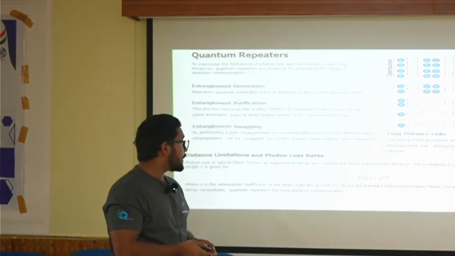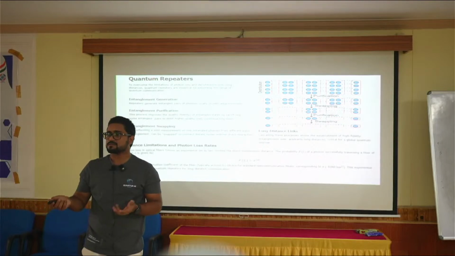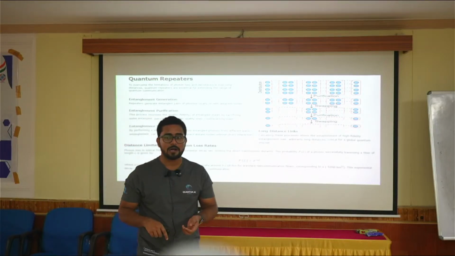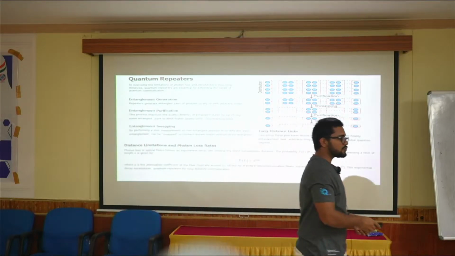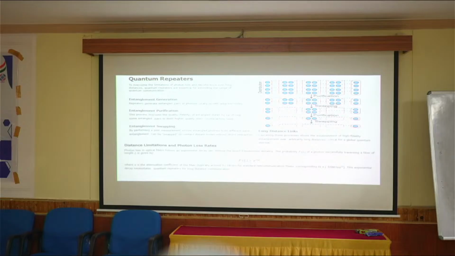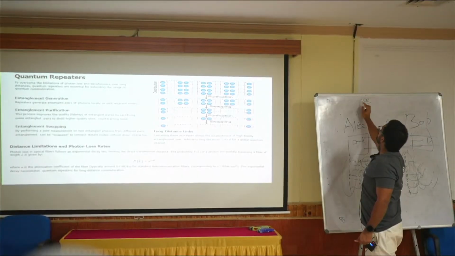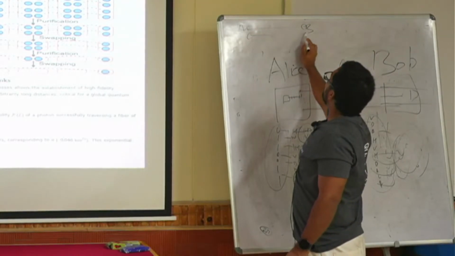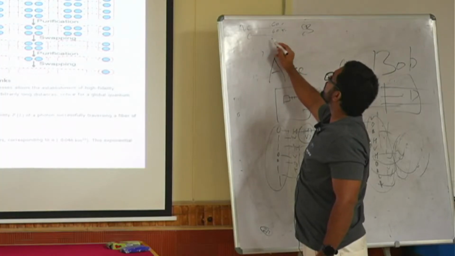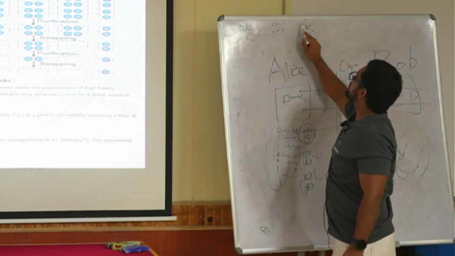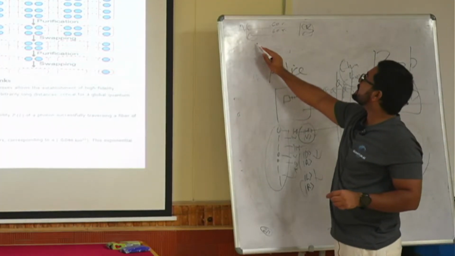But you have generated some entanglement which has a fidelity of 60%. So how will you do it? You have to do something called purification. So purification of entanglement, where you use 2 entanglements between A and B, of 60% fidelity each, and you do a certain operation, and these 2 entanglements become a single entanglement and the fidelity increases.